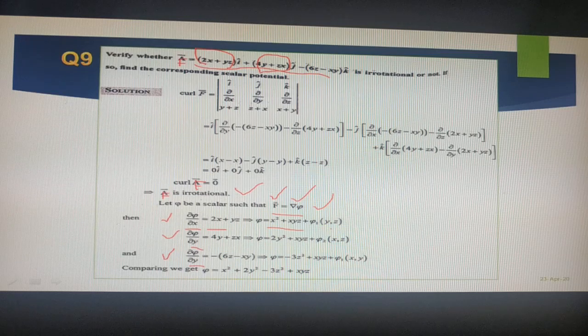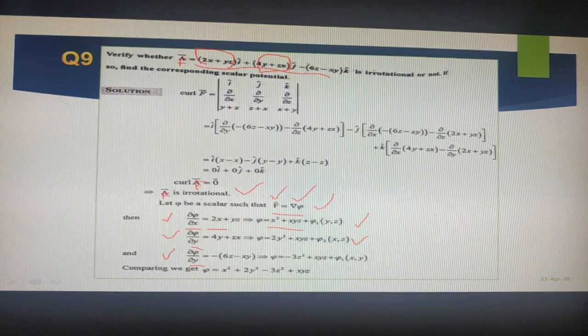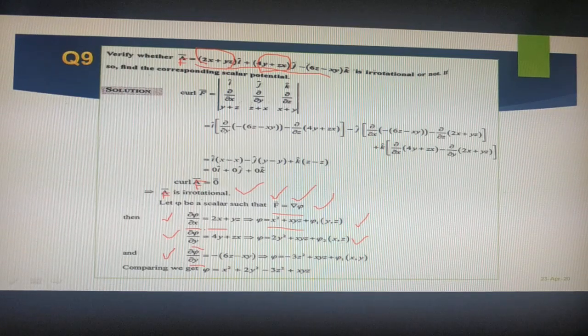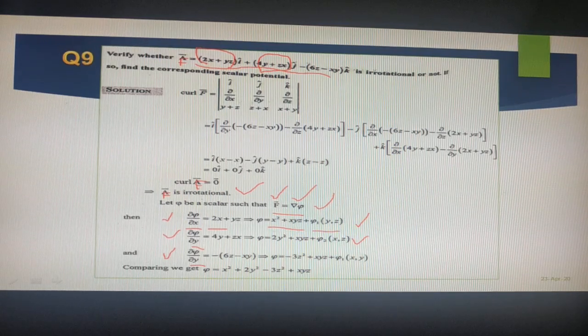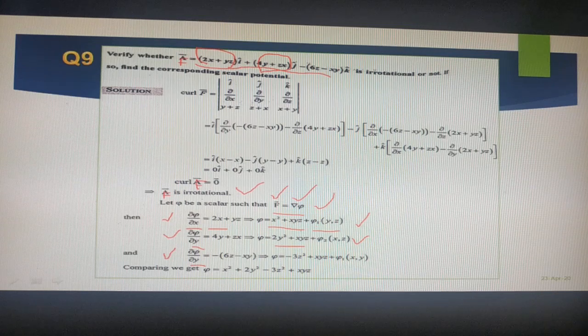First one, you have to write the constant in terms of y and z. You may get it in this way, that's why you should not simply write constant c. When you are integrating with respect to x, then please choose your constants as a function of y and z. Anyway, so we got here pi functions. These are very simple functions. You can easily integrate them. Integral of 2x plus yz with respect to x is x square plus xyz. Then this is a constant.